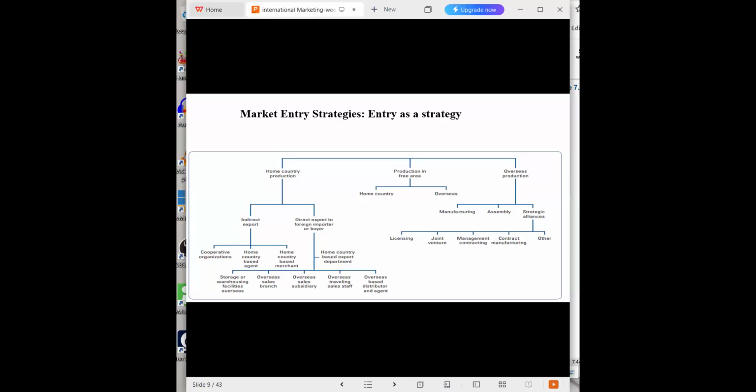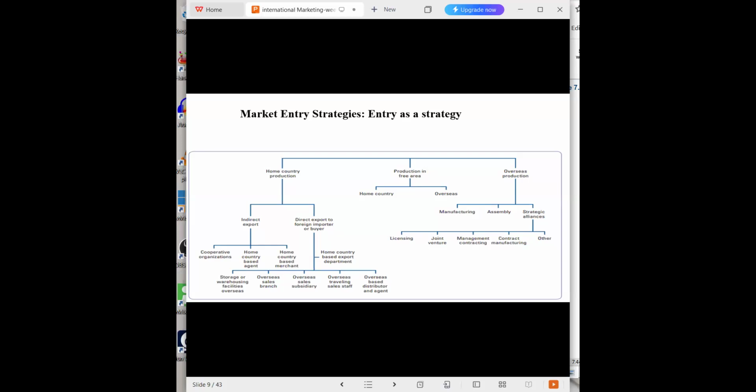There's something that I just want us to remember, that when you say direct export, it is the responsibility of that organization in performing that international sales or trade activities. So it's the responsibility of that organization to carry out and manage the distribution channel.